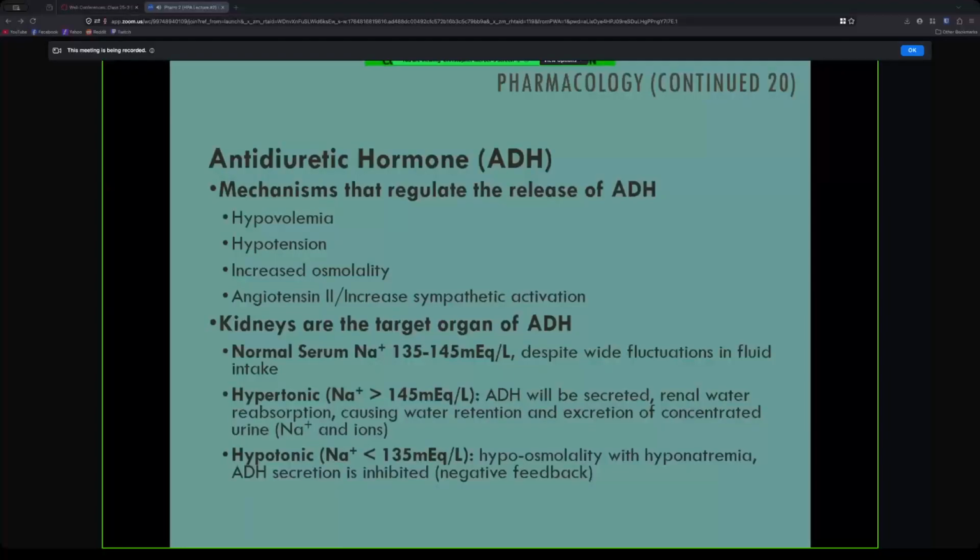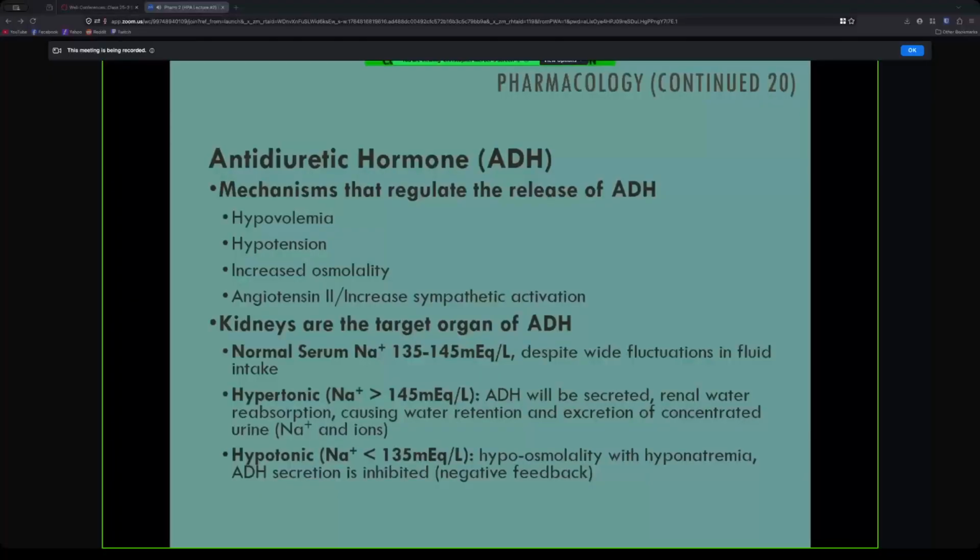But if the sodium is below our normal serum sodium level of 135, i.e. hypotonic, ADH is going to be suppressed because the negative feedback is going to allow free water to be excreted to correct this dilution of our patient's system.